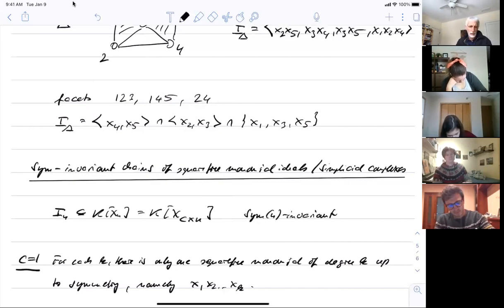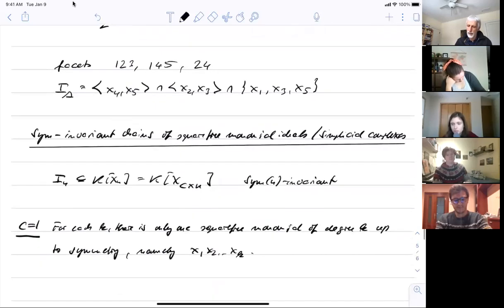And any other one you get by applying a permutation.